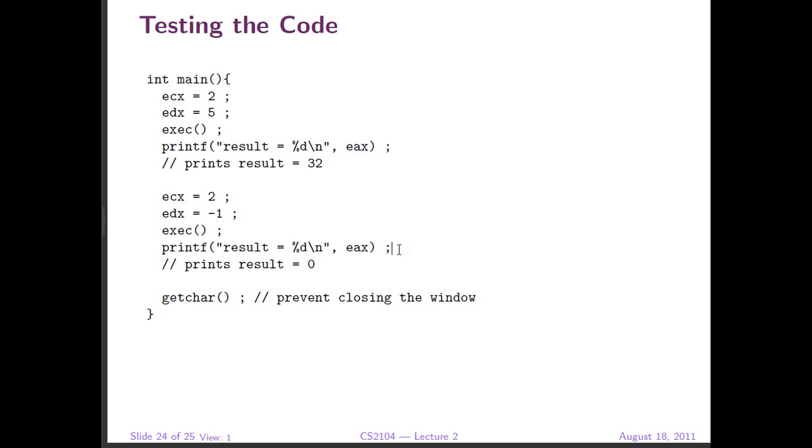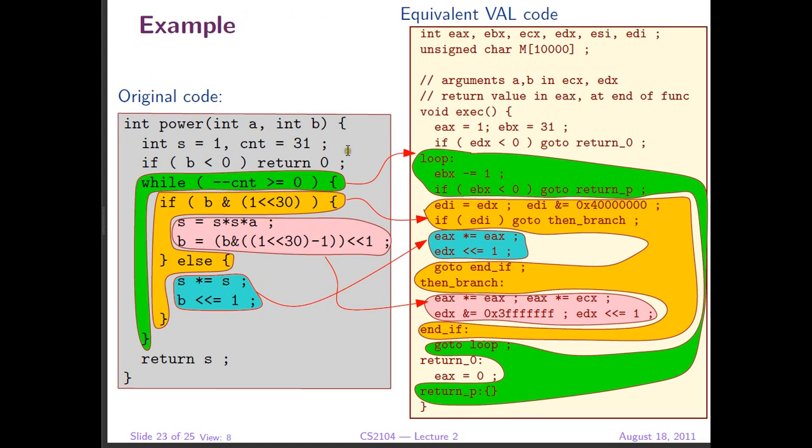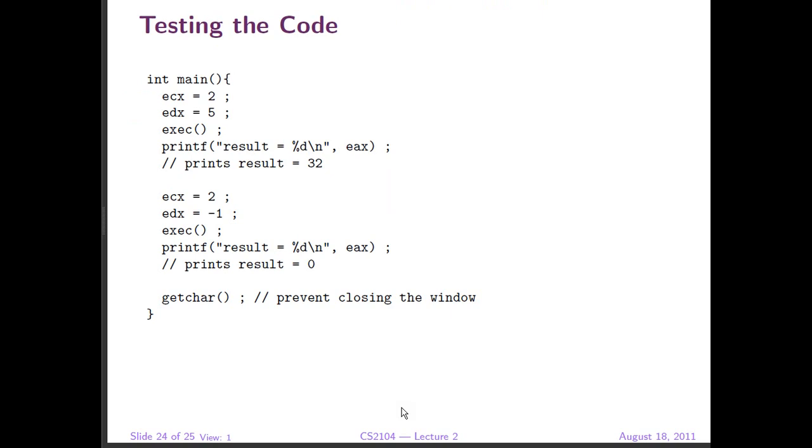It's not really part of your answer. Even in an exam question, if you are asked to translate from power to val, all you need to give me is this. The main is not part of the answer. But, of course, when you solve your homework, you will want to find out whether your code works.